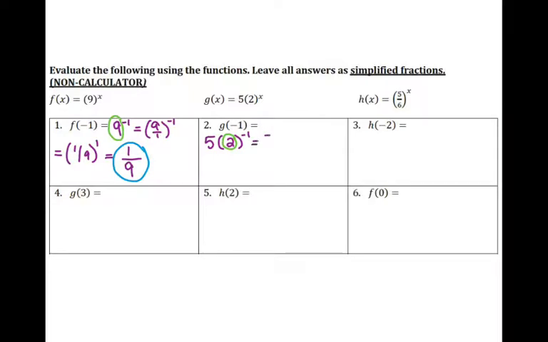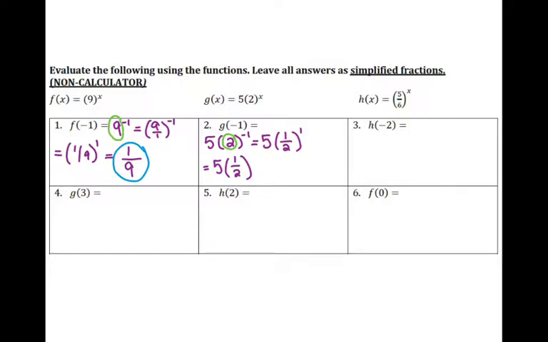So that gives me 5 times, 2 is the same thing as 2 over 1, which when I flip it over becomes 1 over 2 to the first power. Order of operations tells me I have to deal with the exponent first before I multiply by the 5. So that gives me 5 times 1 to the first power is 1, 2 to the first power is 2. So I have 5 times 1/2.